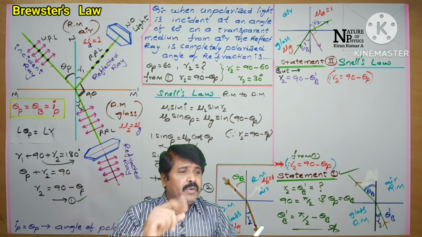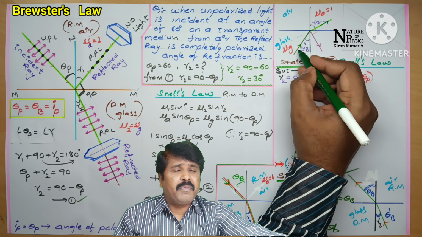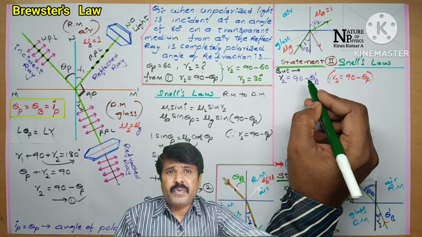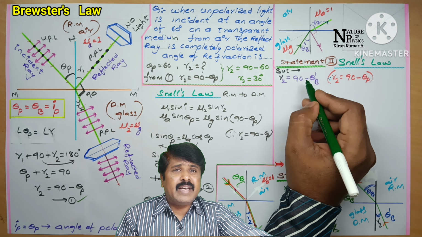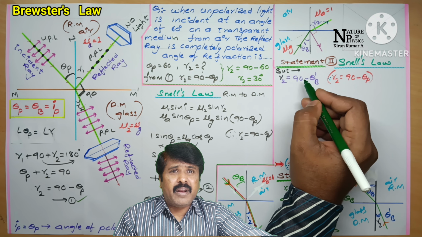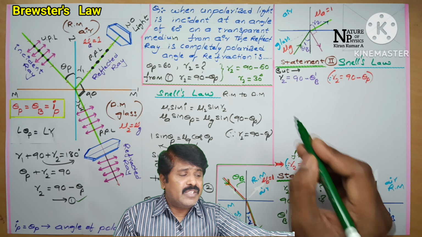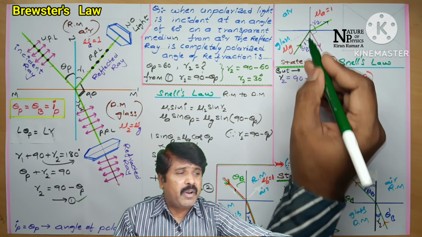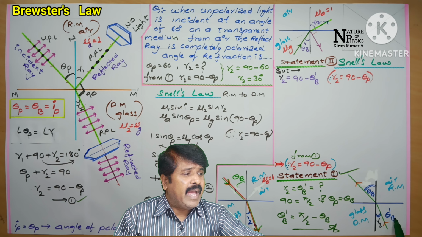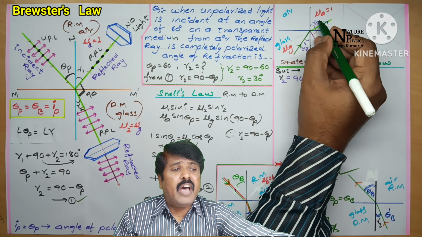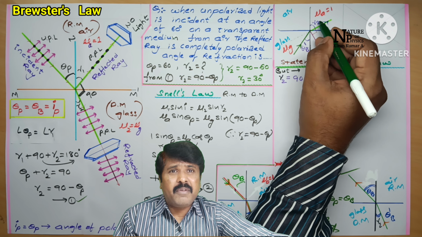In statement 2, light is traveling from the denser medium to the rarer medium. So the condition is asking for the angle of polarization. Same as before, when light is traveling from denser medium to rarer medium, I consider theta b dash, and R2 is the angle of refraction.